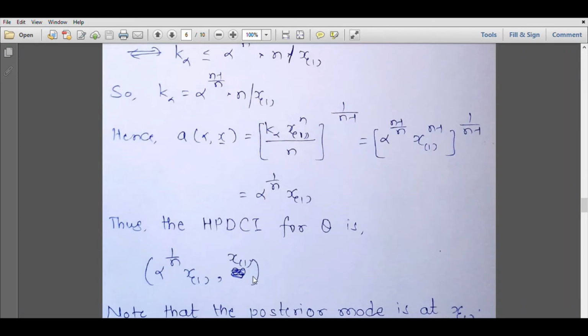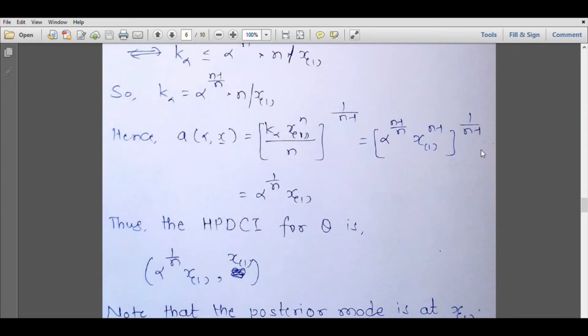So whether you keep it as an open interval or closed interval, ultimately because the posterior distribution is an increasing function of theta, the modal value, that is the posterior mode, comes to be at the highest possible value of theta. So you can say that the interval ends at the most likely value of theta. That's it.